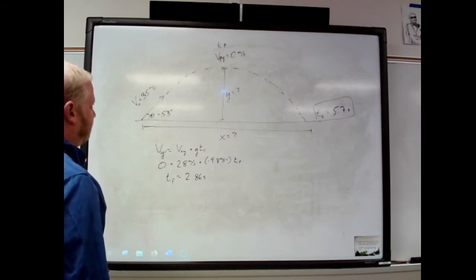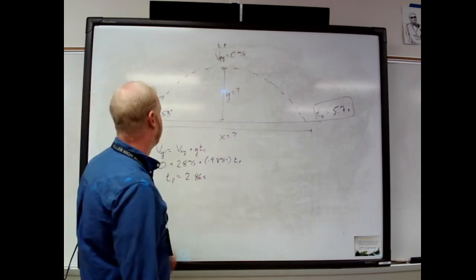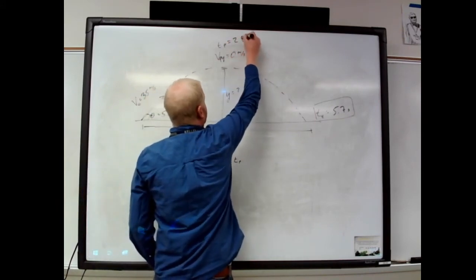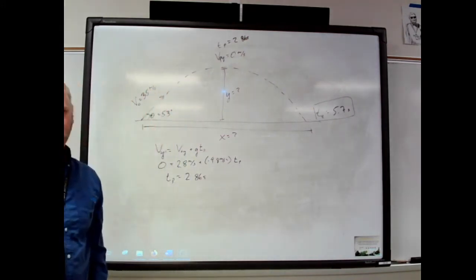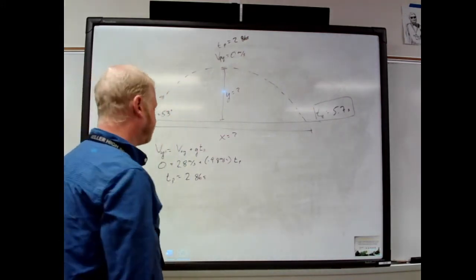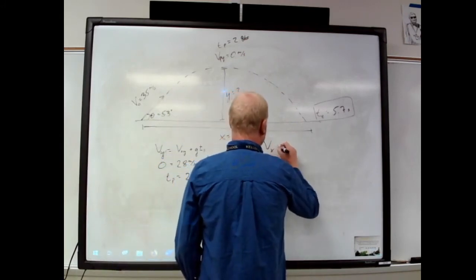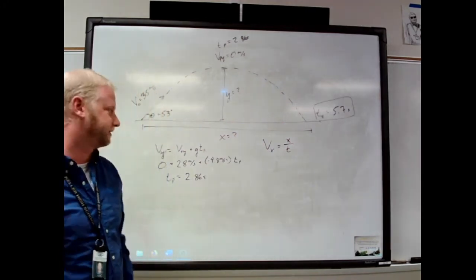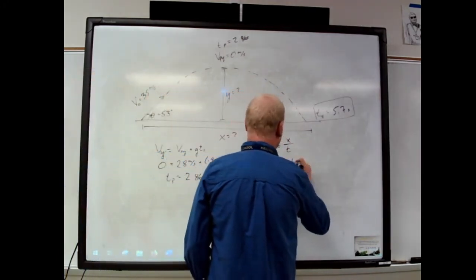Alright, now we can solve for either y or x. Either one doesn't matter. But what does matter is that you're being careful about which time you're using. So let's say we want to solve first for the range, that horizontal distance. We can rearrange this to our x equals vx times time.